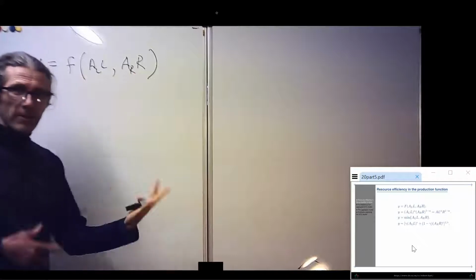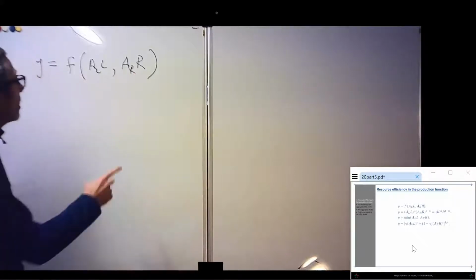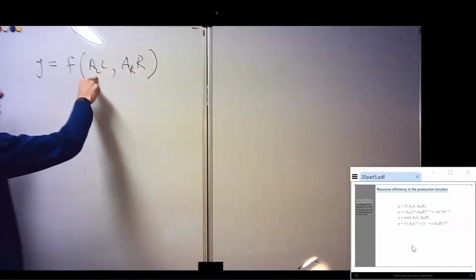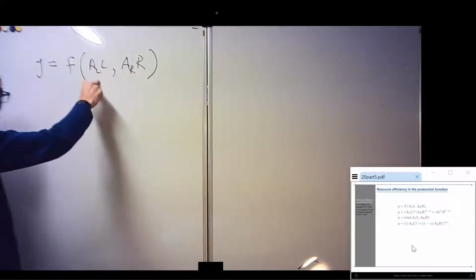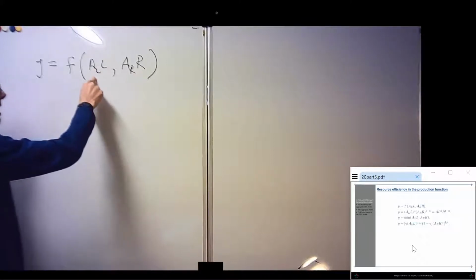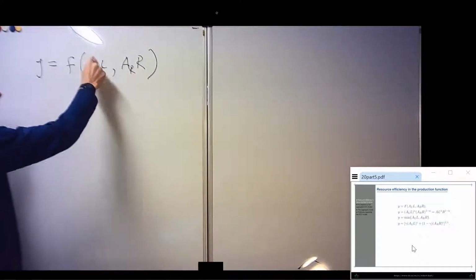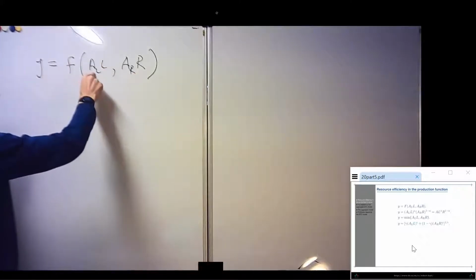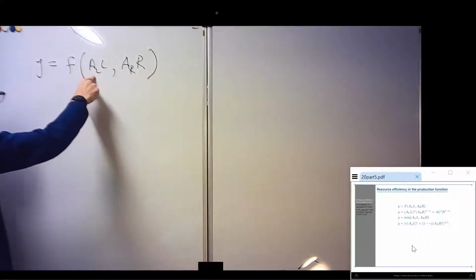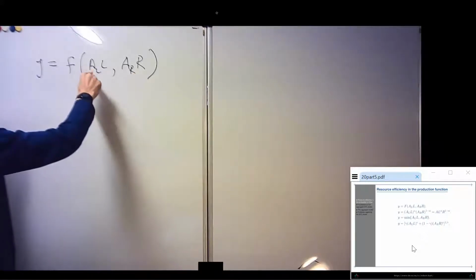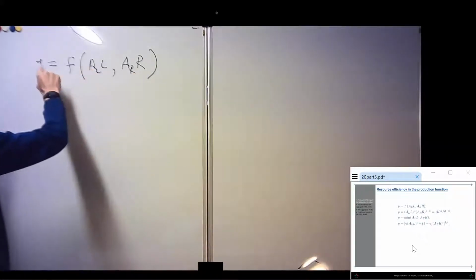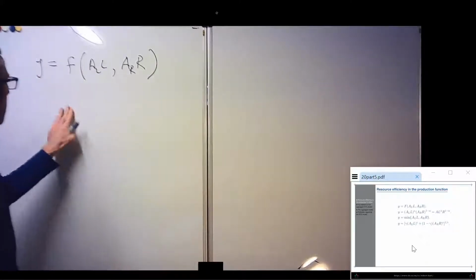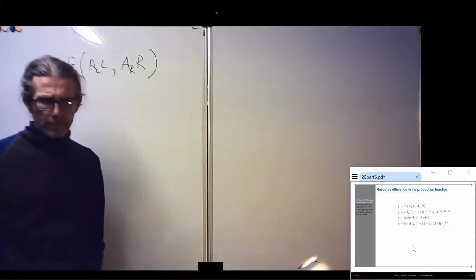Because remember, based on the discussion of units and so on, if we've got a physical input, we always need what we can call a resource augmenting technology or productivity level for that input to get the units right. If this is workers and this is widgets, then we always need this, which is going to have units, widgets per worker per year. Sorry, this is widgets per year. So this is the most general possible production function.